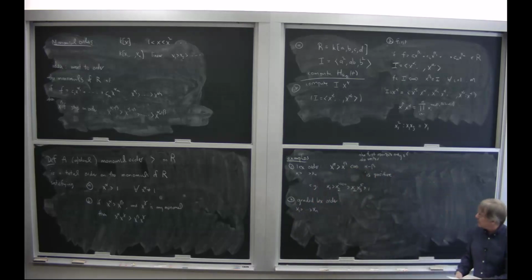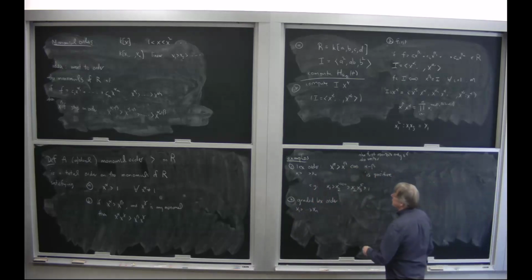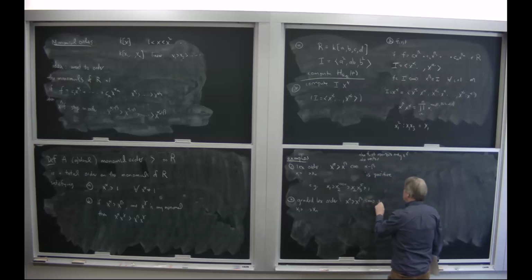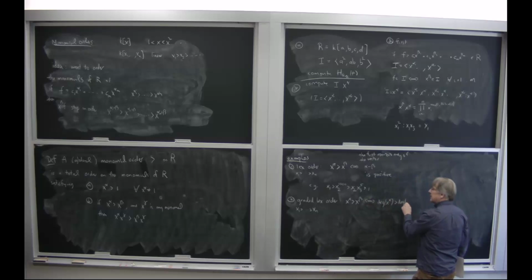So it really should be considered as separate. But anyway, suppose we have this: x to the alpha is greater than x to the beta if and only if the degree of x to the alpha is greater than the degree of x to the beta. That's the graded part. Or we have equality.